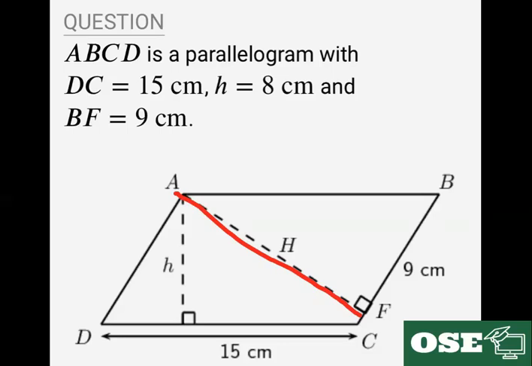So we have to find AF to use it as the perpendicular. Then we'll use the area that we found, and AF will be the perpendicular height, and BC will be our breadth. So how do we find AF?